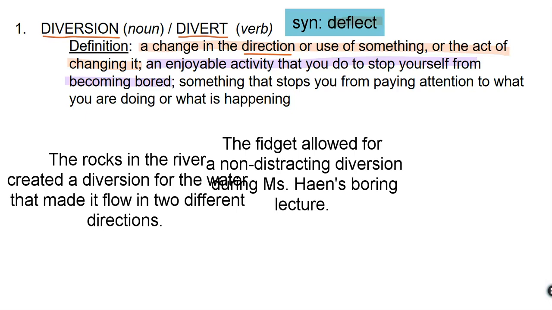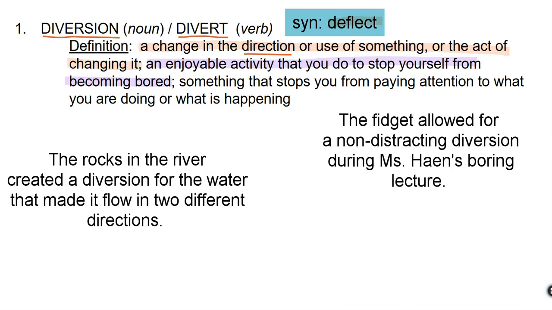What the purple one is saying is that the enjoyable activity of playing with the fidget is creating a diversion, or the thing that is allowing you to not be bored is a diversion.